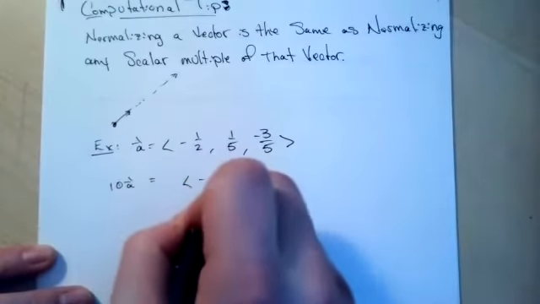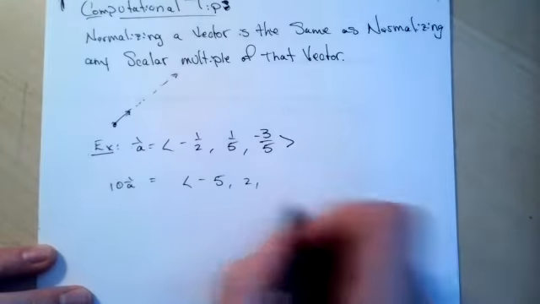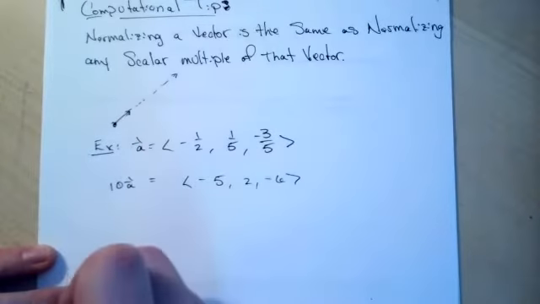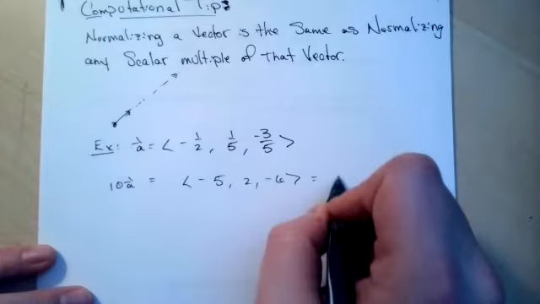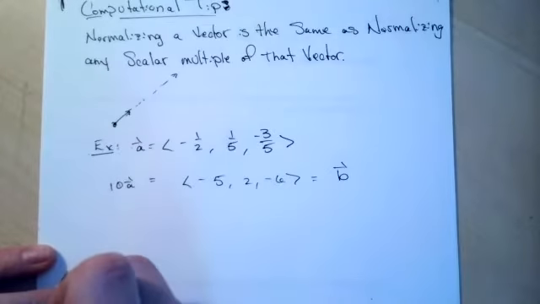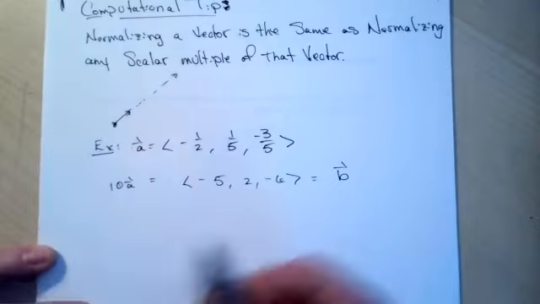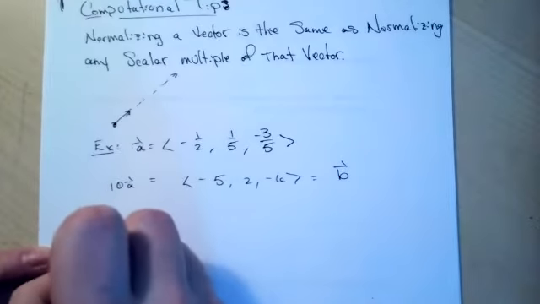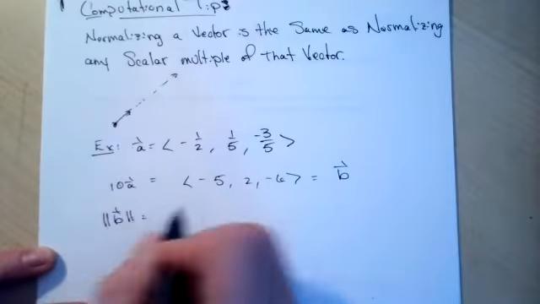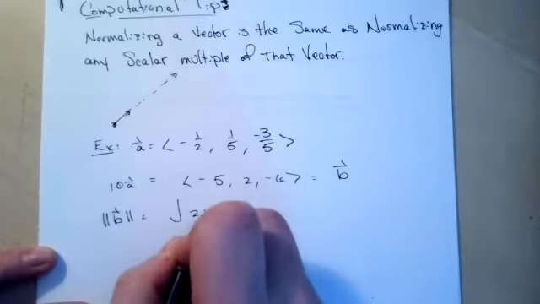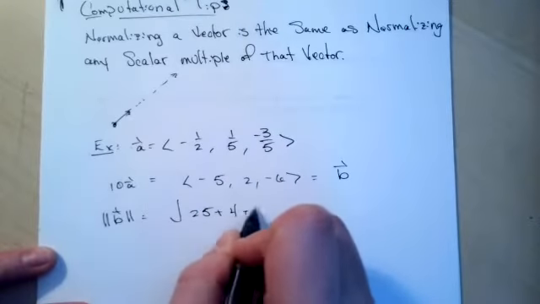That's going to be -5, 2, and then -6. And let's just call this a new name, say vector B. Well, now normalizing this might be a little easier. Of course, the numbers are a bit big, but they're at least whole numbers. So the norm of B is going to be the square root of 25 plus 4 plus 36.